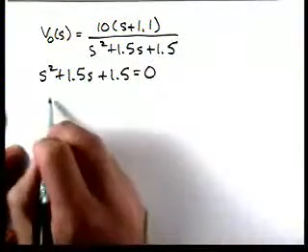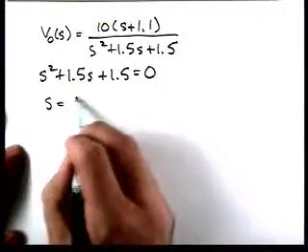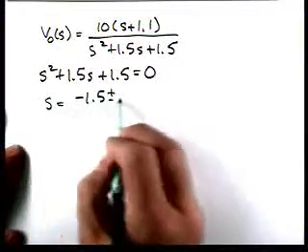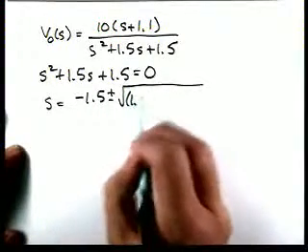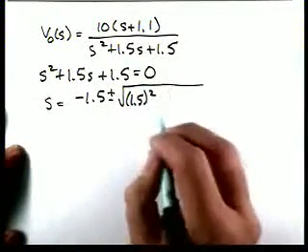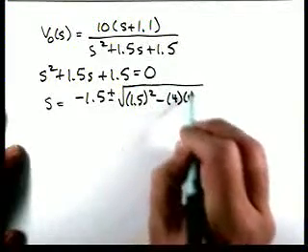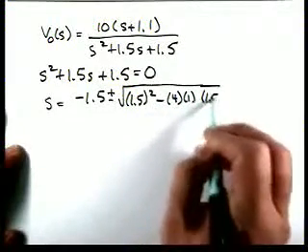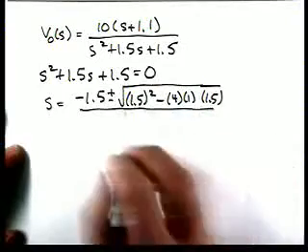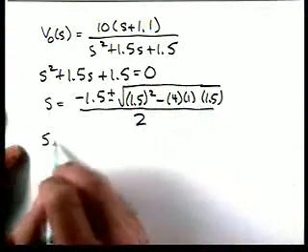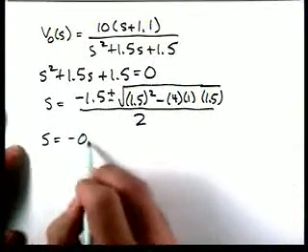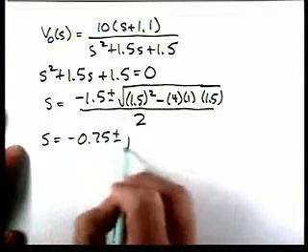If we do that, we'll have S is equal to minus 1.5 plus or minus the square root of 1.5 squared minus 4 times 1 times 1.5, over 2, and our roots are minus 0.75 plus or minus j0.97.